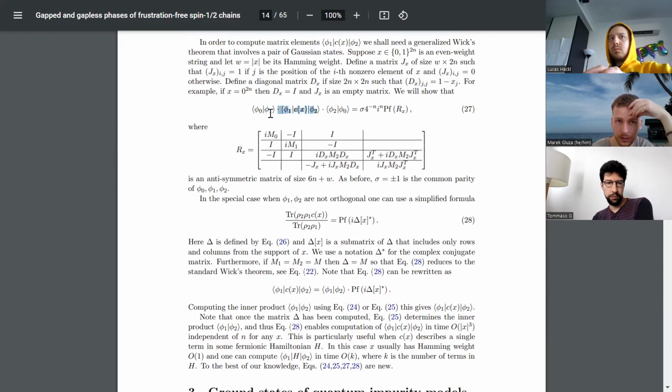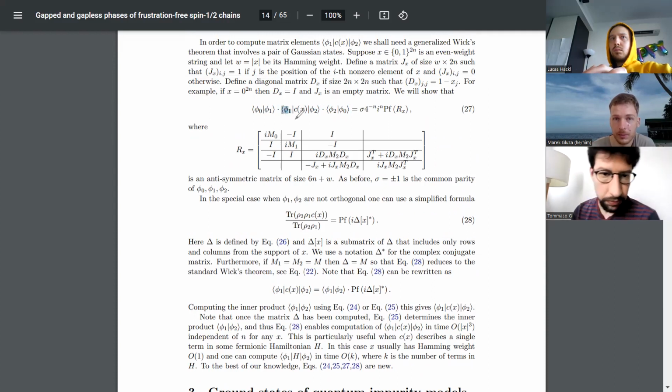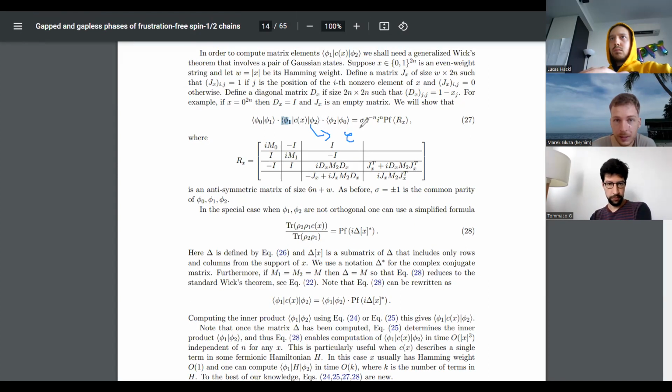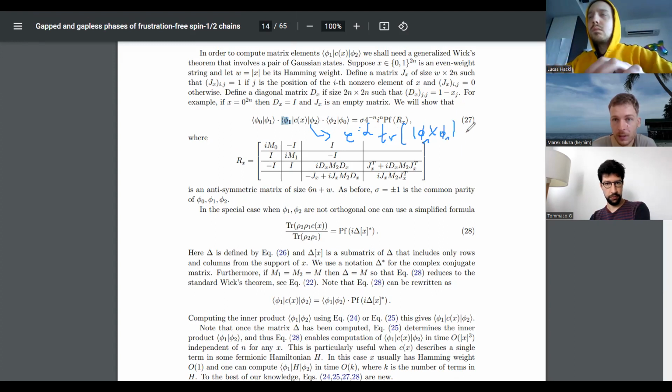So you cannot just take it easily like this, because the way they compute this is by going into the projector representation. And when we will be working with the projector, let me write down the projector. So in principle, I can compute this up to some e^{iα}, the trace of the projector phi1, phi1, observable C(x) here, and then multiplied by phi2, and close the trace.